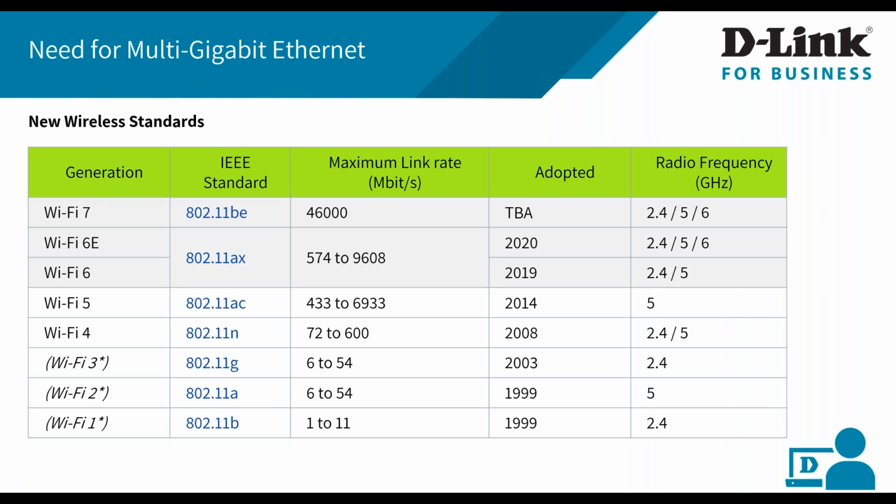So we discussed in the previous slide how wireless has become the primary means of connectivity for many businesses, and why they should upgrade their wireless network to meet today's requirements. On one side, the applications are demanding high bandwidth. On the other side, the number of users is increasing, the number of devices is increasing, the volume of data is also increasing.